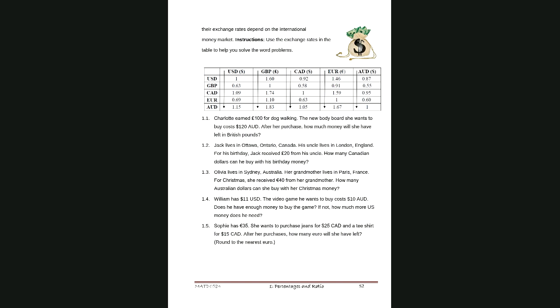GBP is Great British pound. The meaning is that for every 1 Great British pound, you have 1.6 US dollars. Can you see that? Then for 1 Canadian dollar, you have 0.92 US dollars.